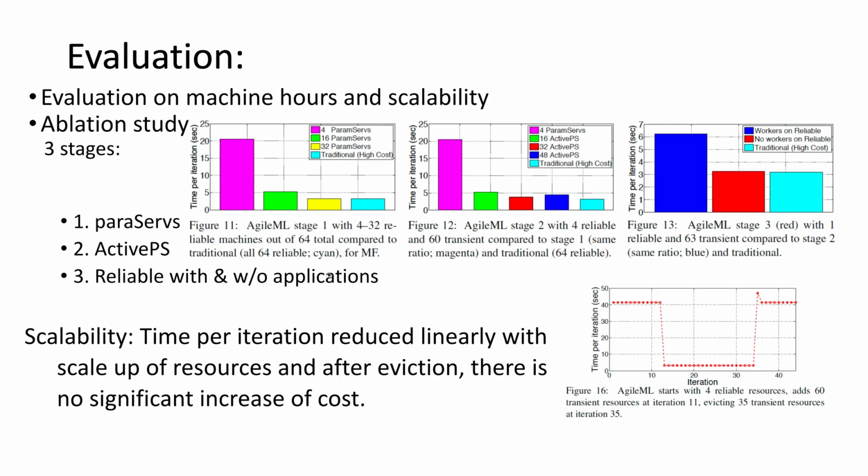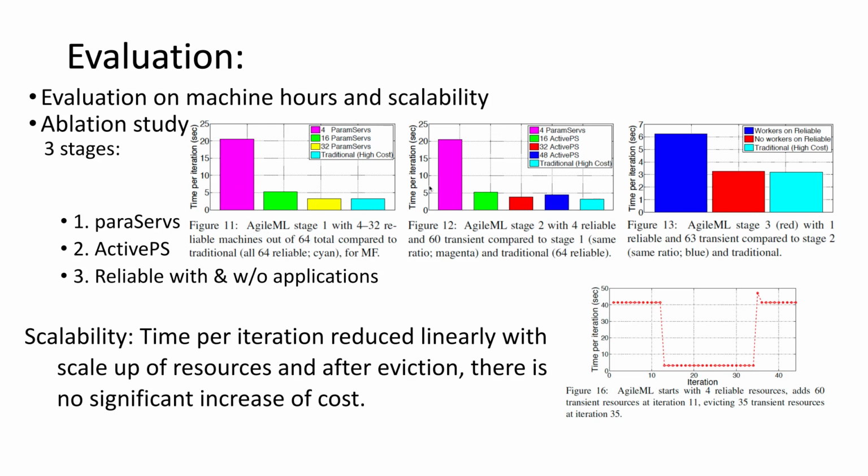The authors also evaluate the scalability and did application studies on AgileML to dissect each component and see how their method approaches the traditional one with high cost. In the first stage, they fixed the parameter server number and found that with 4 parameter servers, the cost is still very high.